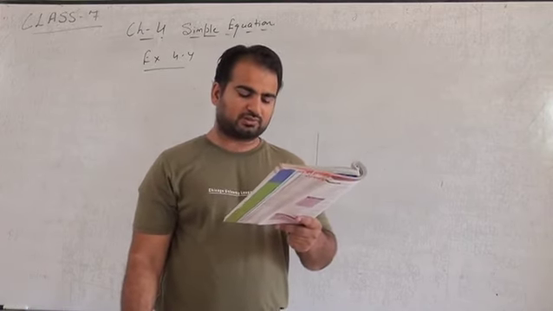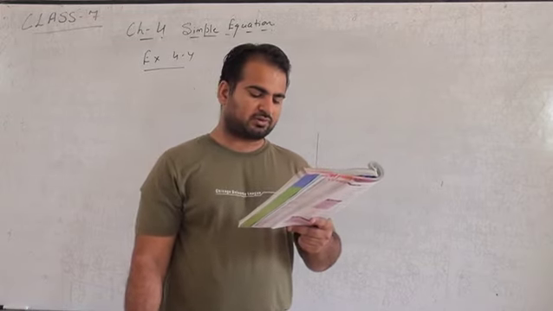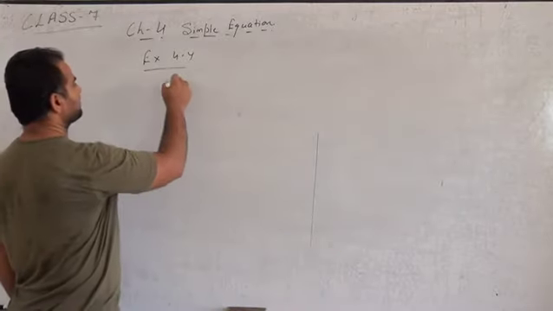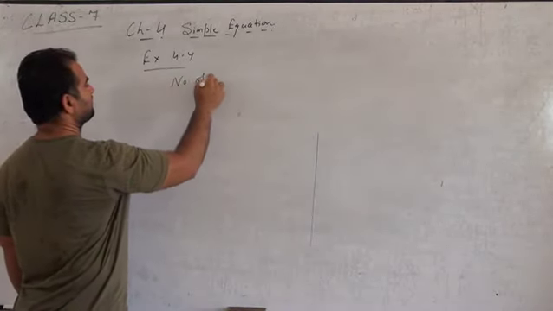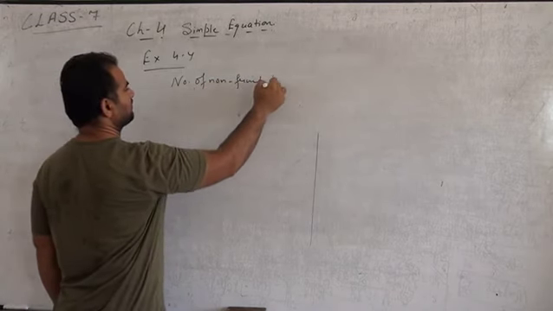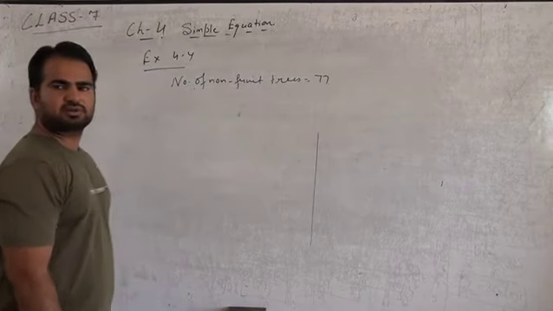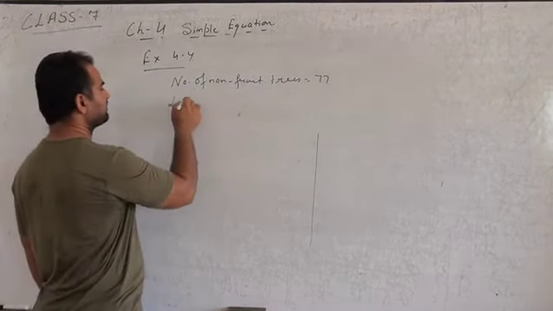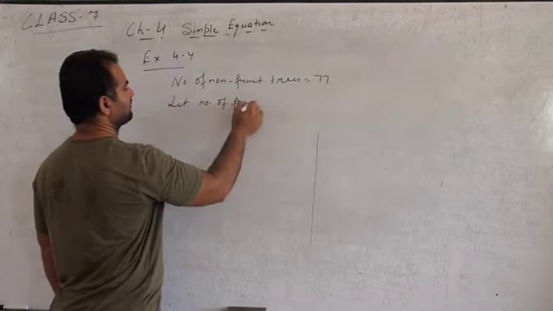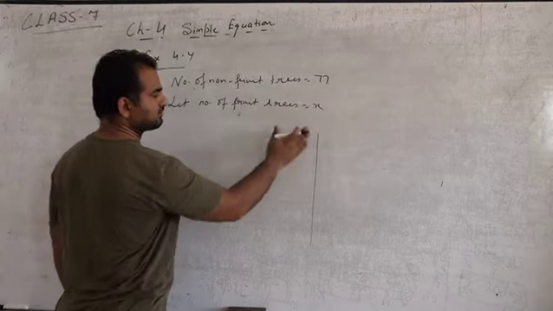What was the number of fruit trees planted if the number of non-fruit trees was 77? So what we know is the number of non-fruit trees equals 77. So let the number of fruit trees equal x.